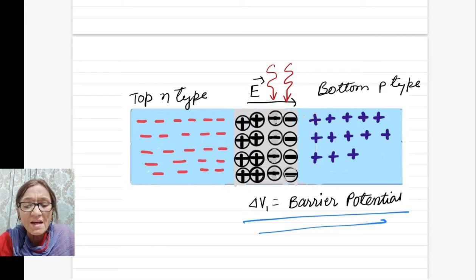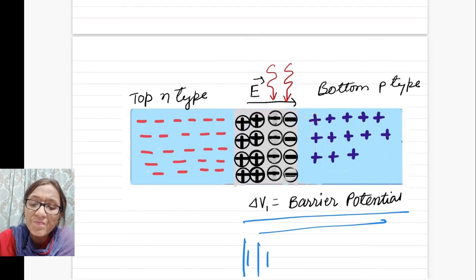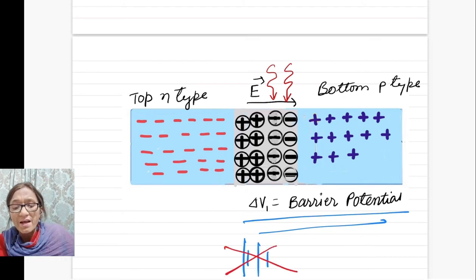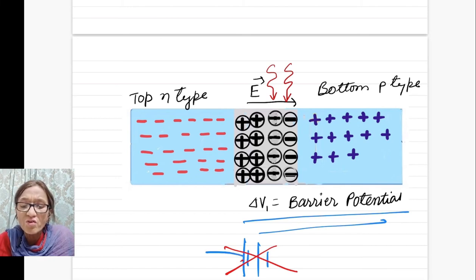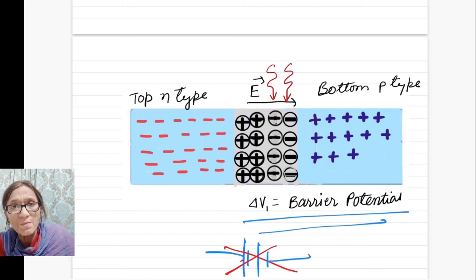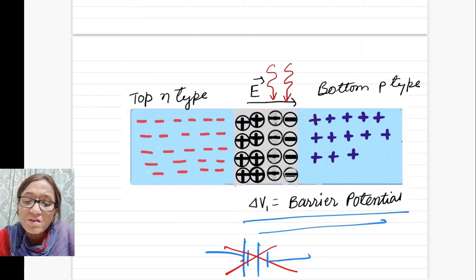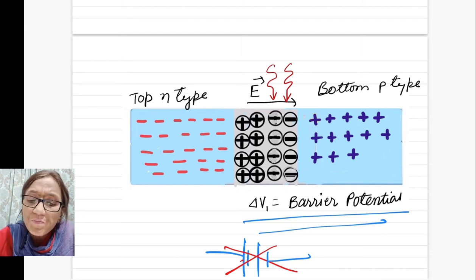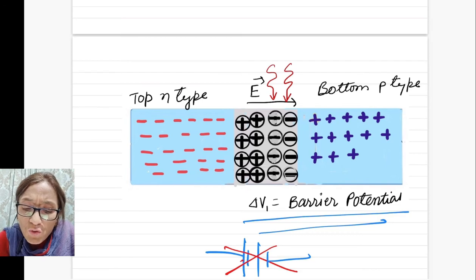There is no biasing, you can see, no battery is connected. So when light falls on it, a new electron and hole pair is created.